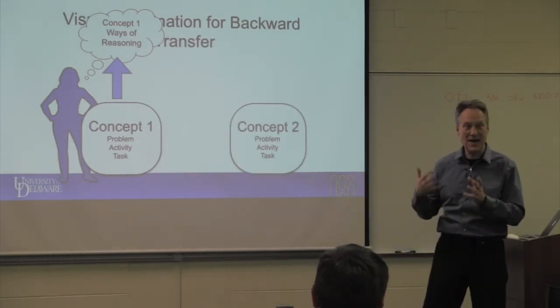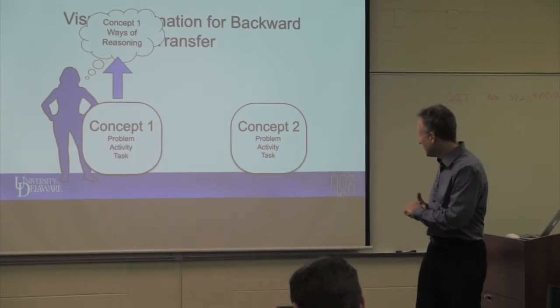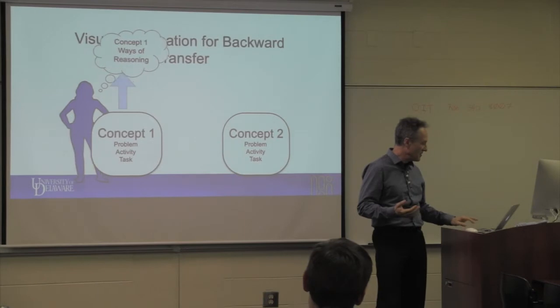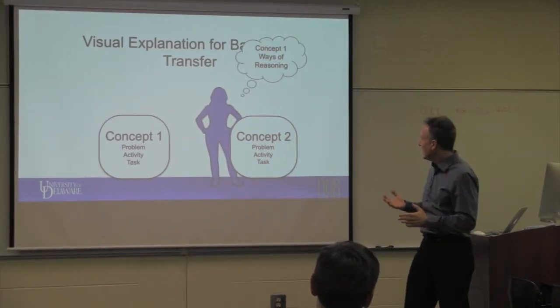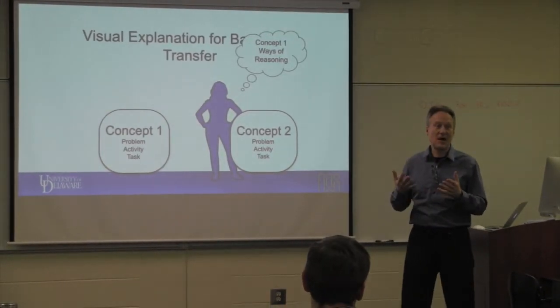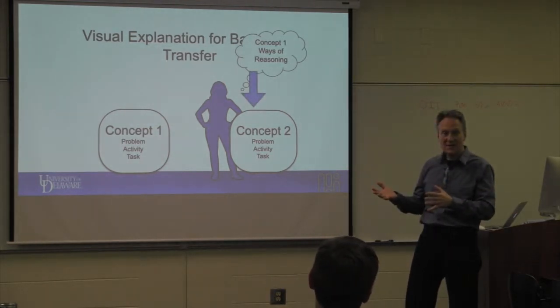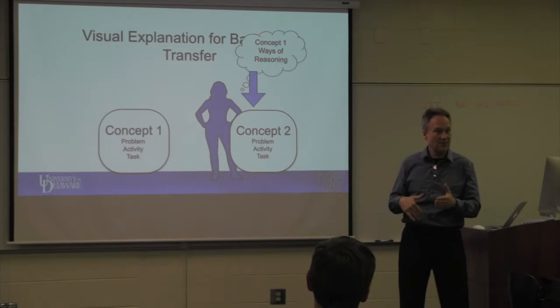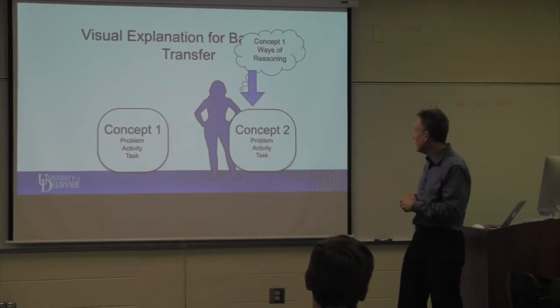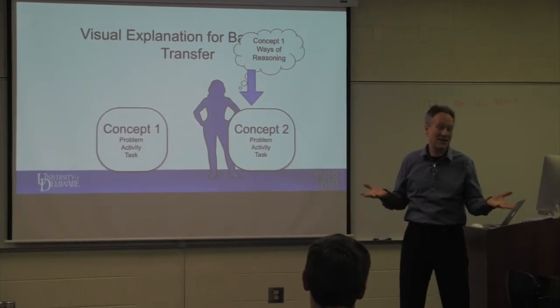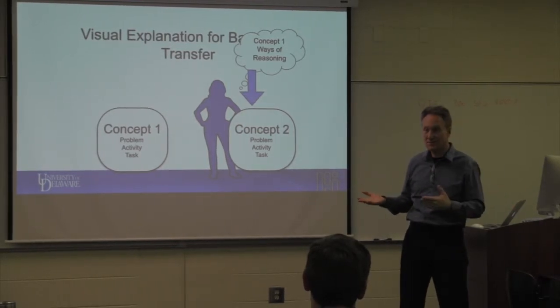Now imagine that you encounter a second concept, concept two, and what might happen as you think about it is you might use your ways of reasoning about concept one to influence how you think about concept two. That arrow represents that influence, and that's transfer. That's how we define transfer of learning.